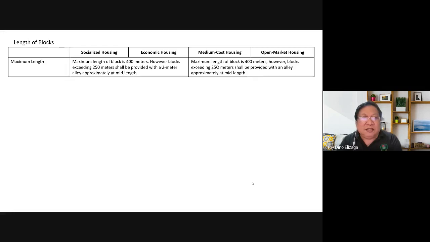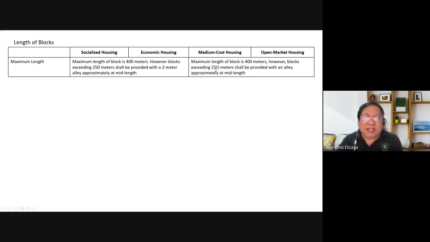So a block, since you're going to arrange them into blocks with a road all around that block, the maximum length is 400 meters. But if the block exceeds 250 meters, there should be an alley in between. So if your block is 400 meters, there should be an alley in between.